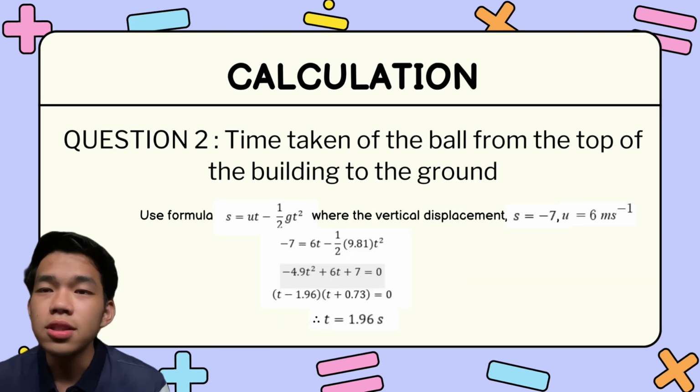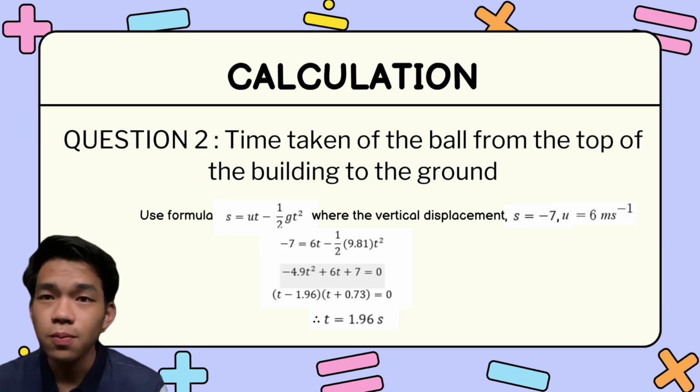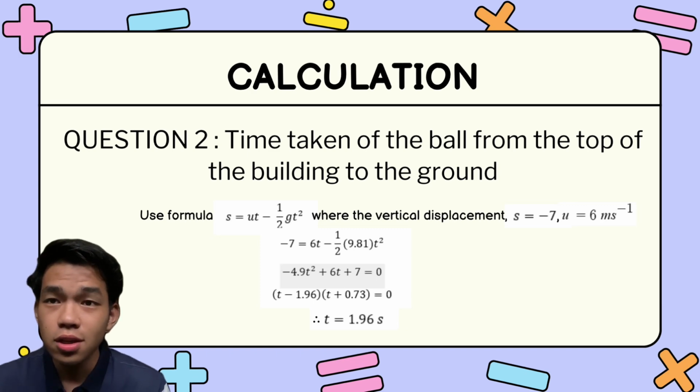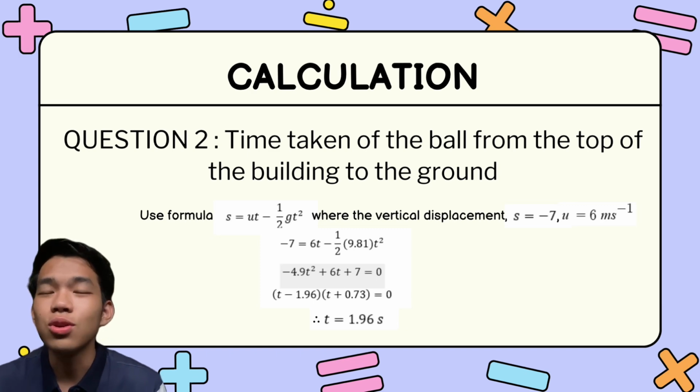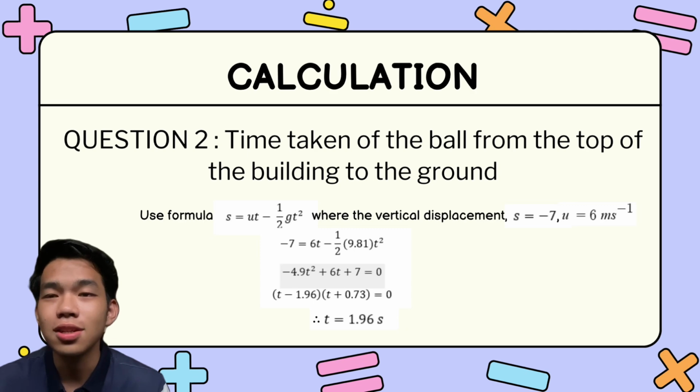So let's continue to the next question. For the second question, we need to find the time taken of the ball from the top of the building to the ground. The equation that we use to solve this question is S = UT - 1/2 GT², which is the third equation.